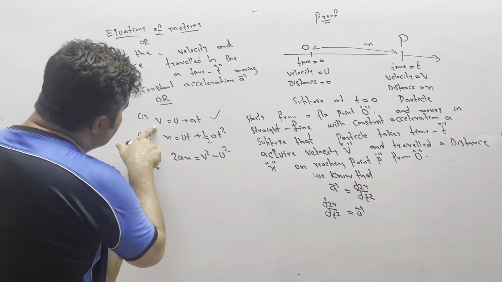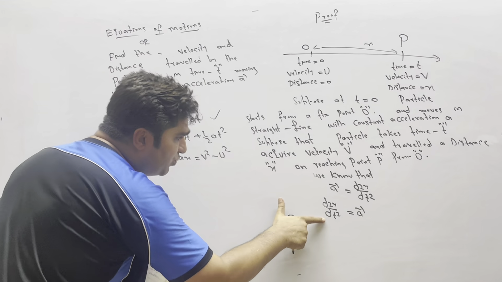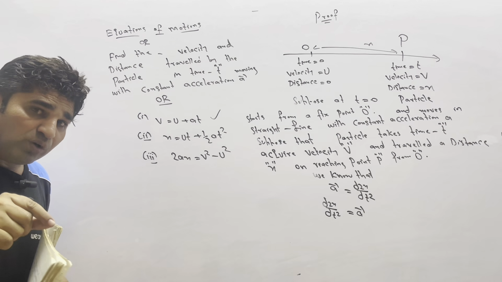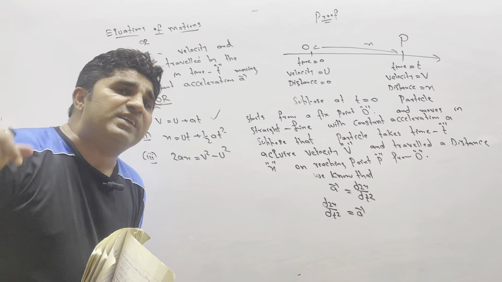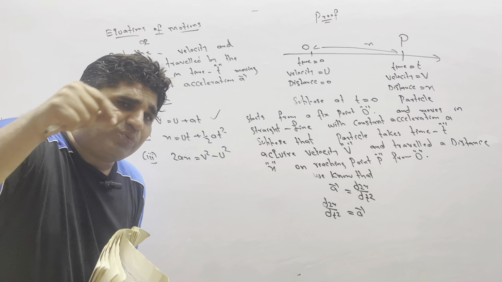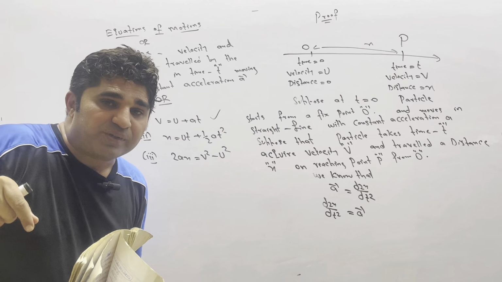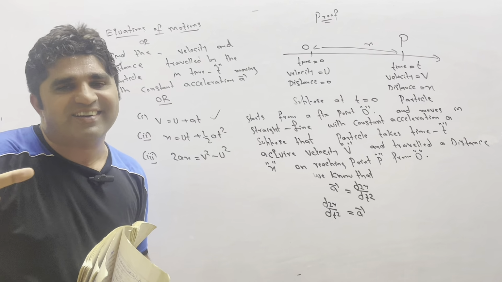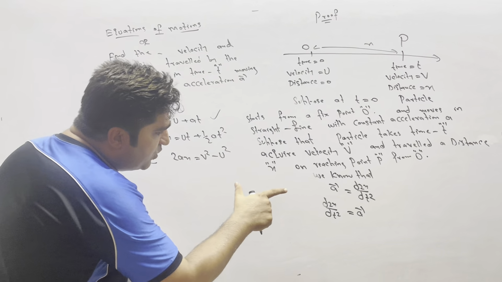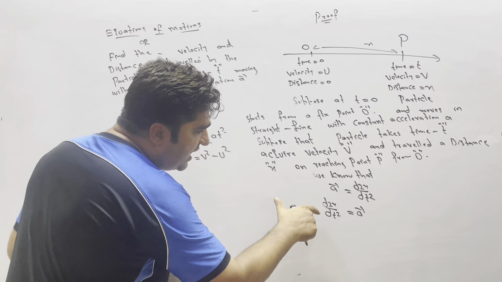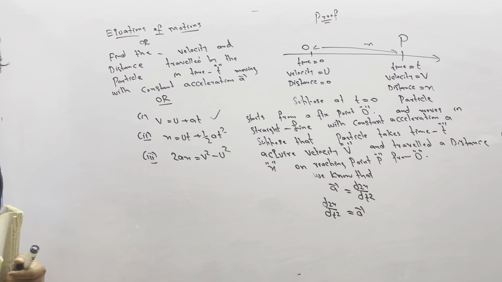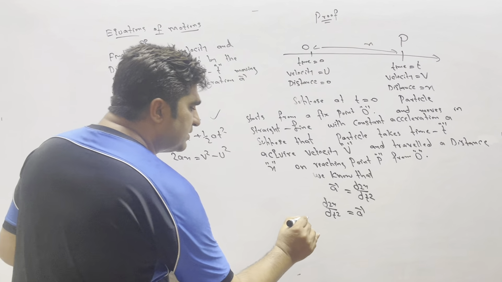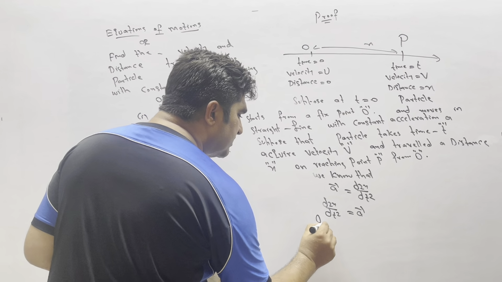If you want to get v, meaning I want to get dx over dt, you know, dx over dt has a derivative d2x over dt square. D2x over dt square has an integration dx over dt because integration and derivative are reciprocal to each other. So if I want to reach dx over dt, I have to integrate both sides, but with respect to t.